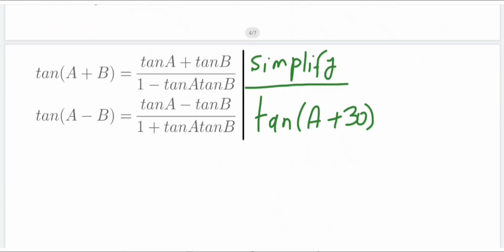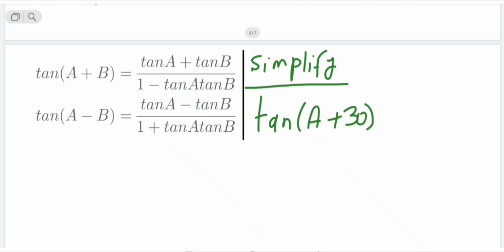Now the last thing, the tan formula, because we did sine, cos, and tan. In the tan formula, if it is plus in the numerator, then in the denominator there will be minus: tan A plus tan B over 1 minus tan A tan B. If it is negative on top, meaning the numerator is negative, then the denominator will be positive, the opposite sign.